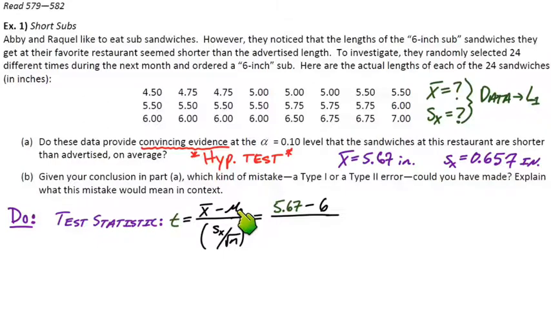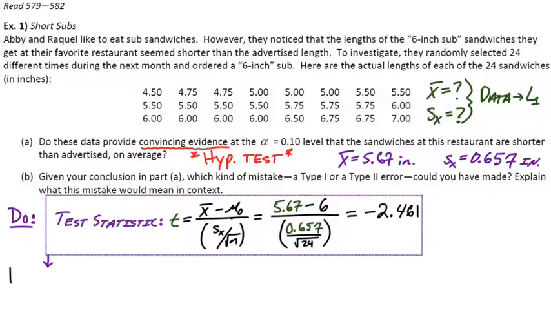The mu naught value, that's 6 inches from the null hypothesis. And then we know what s is, and we know what n is. Which, in your calculator, be careful with the parentheses in the denominator here, gets us negative 2.461 for our t-score. So there's our test statistic. Negative 2.461 is equal to t.